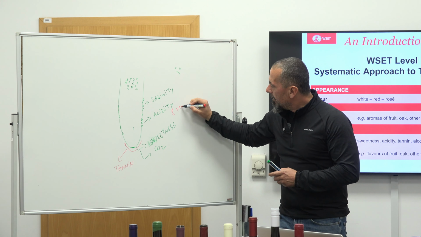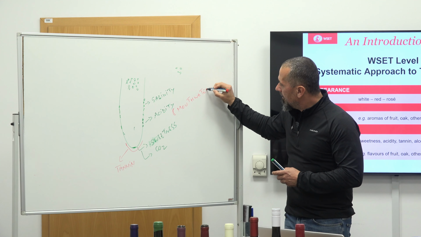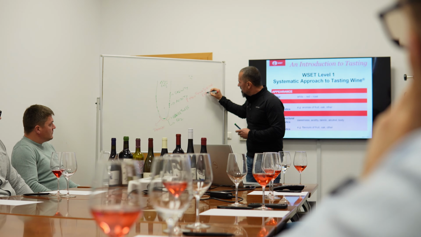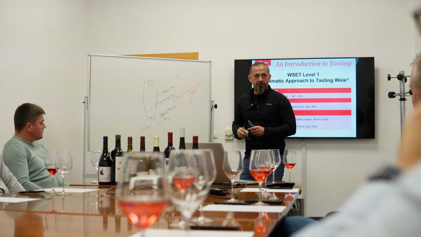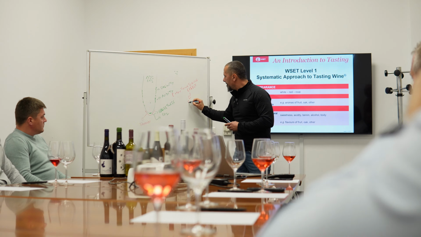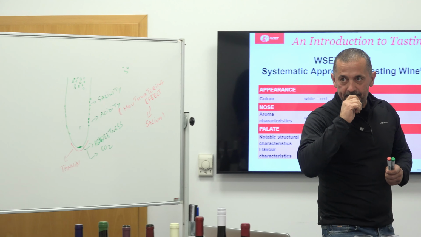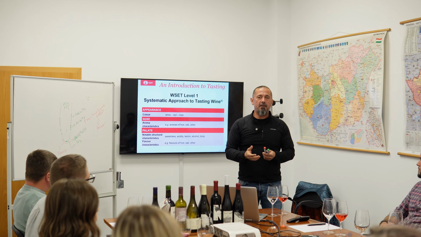Acidity, however, can be detected in another way. In WSET we say the mouth-watering effect, which means saliva. If I taste the wine and I have a lot of saliva, it means that the acidity is very, very high.